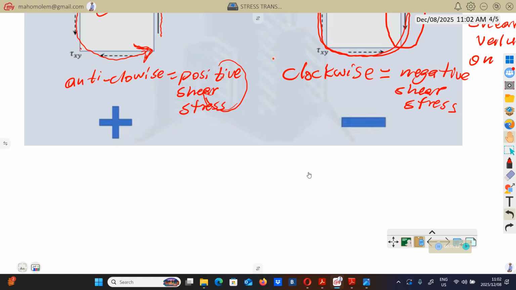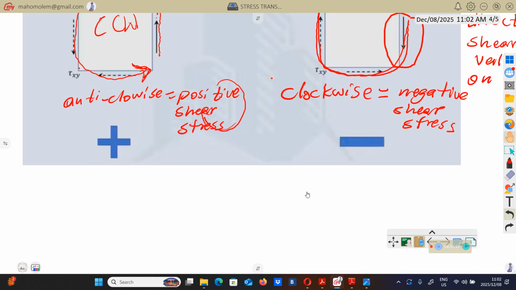So how to determine whether theta is negative or positive? So you will have a plane like this.